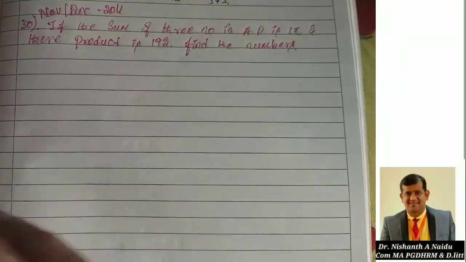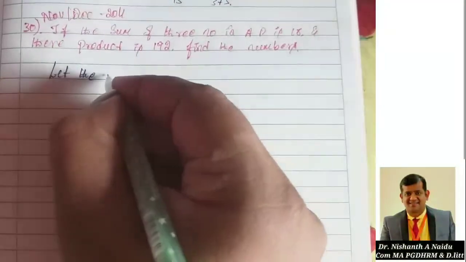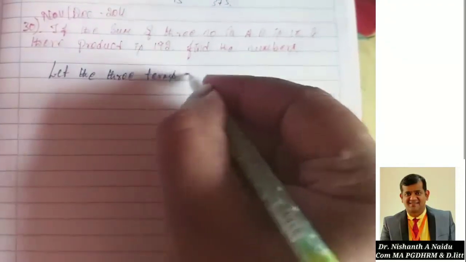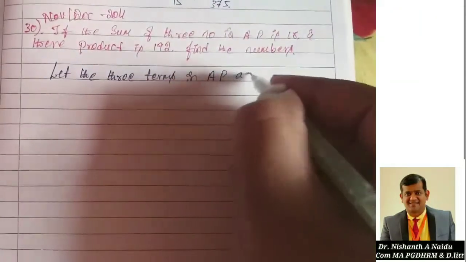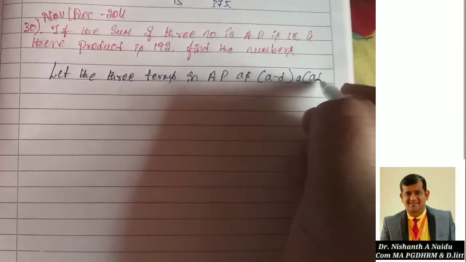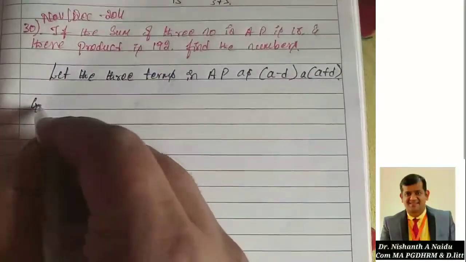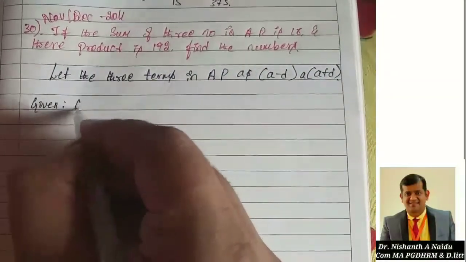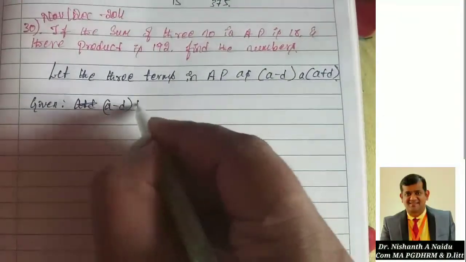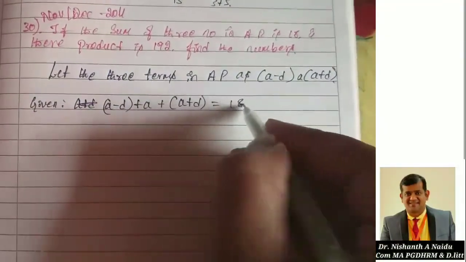So let us take the three terms in AP as A minus D, A, A plus D. Okay, so by applying this formula, given is A minus D plus A plus D equals 18.